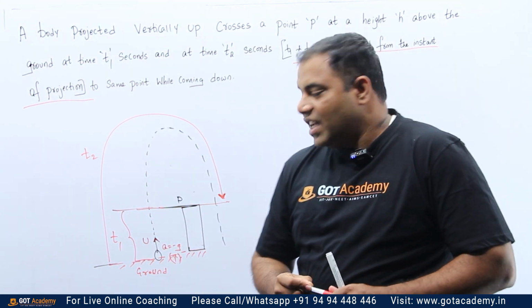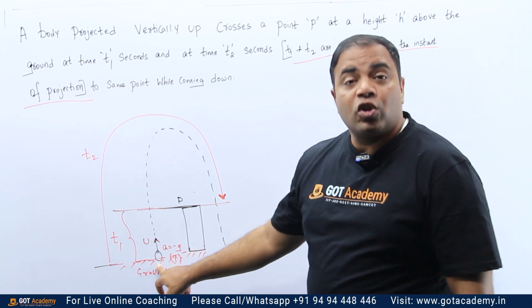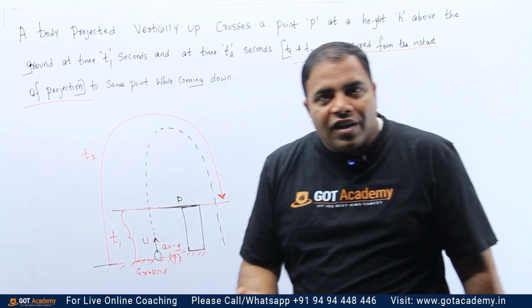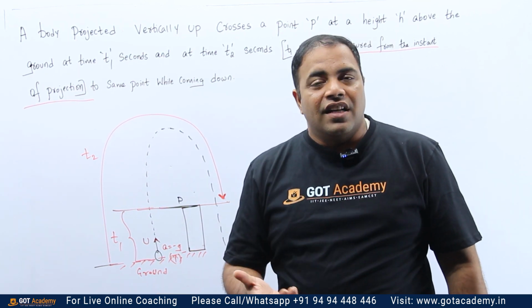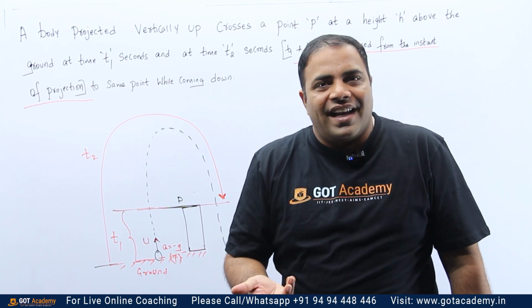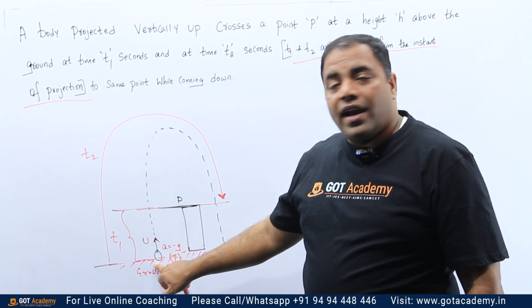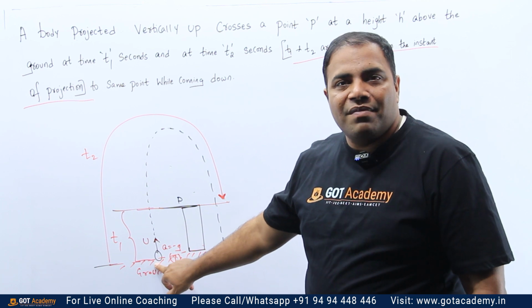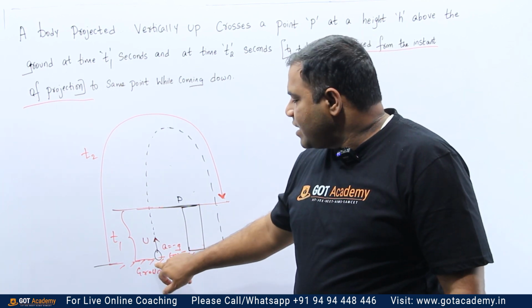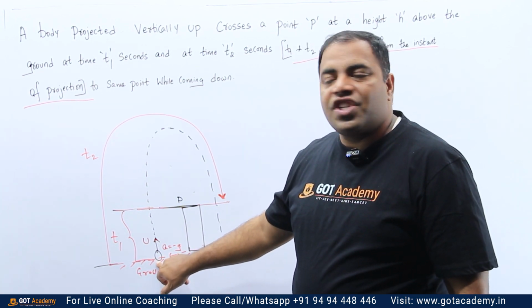Instant of projection. The point from where you are throwing, or you have to say projected, the point from where we are projecting. Projecting means you are applying some velocity. So this point is called the point of projection.